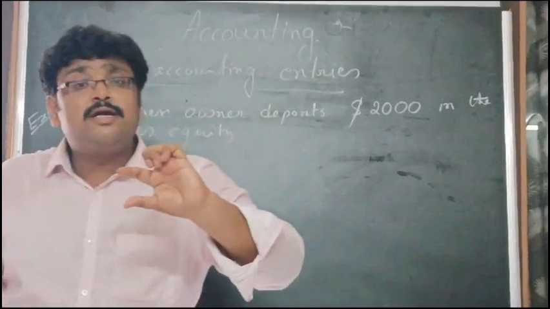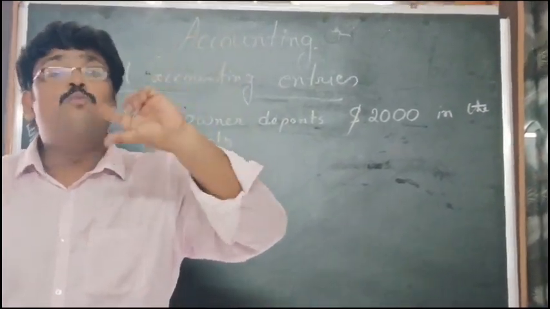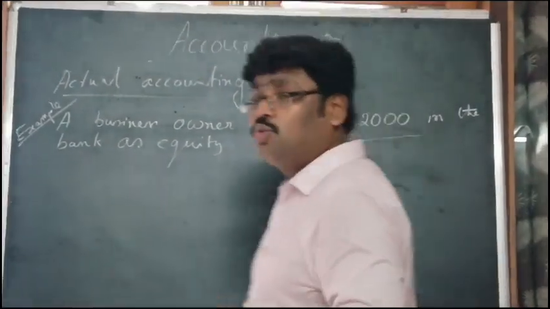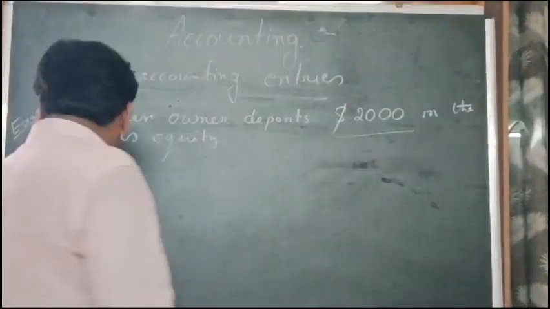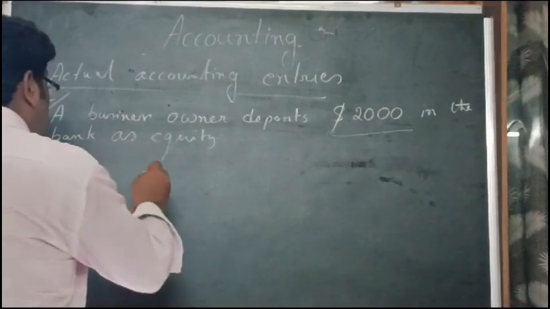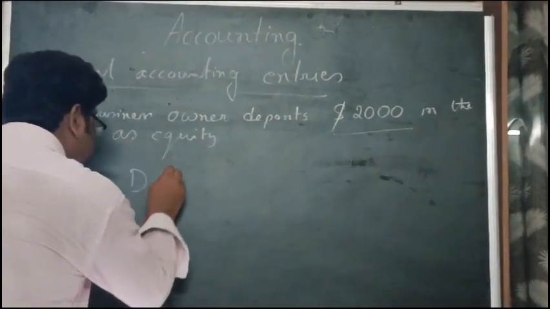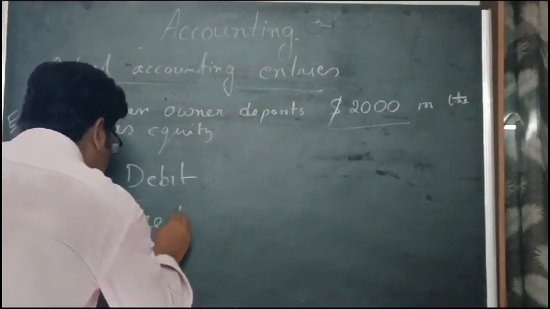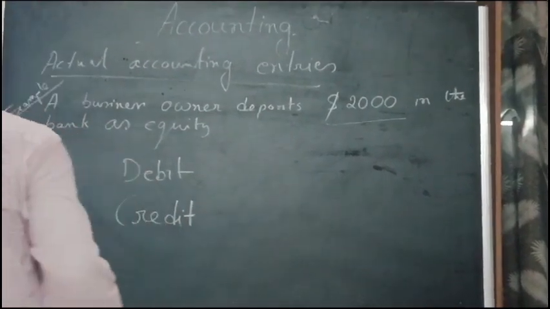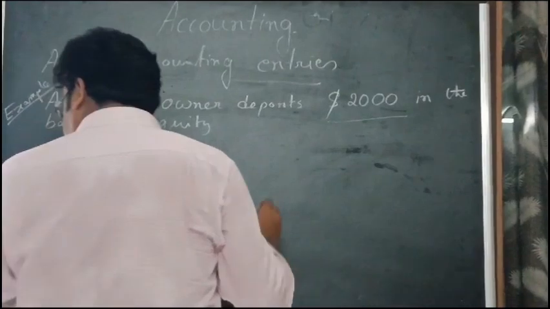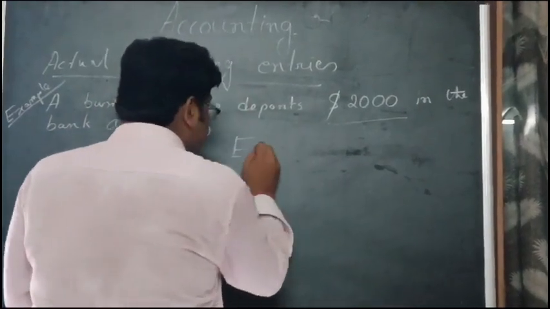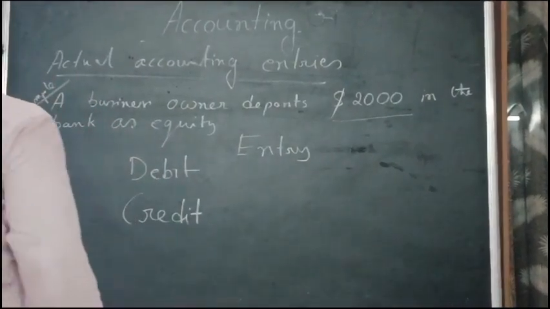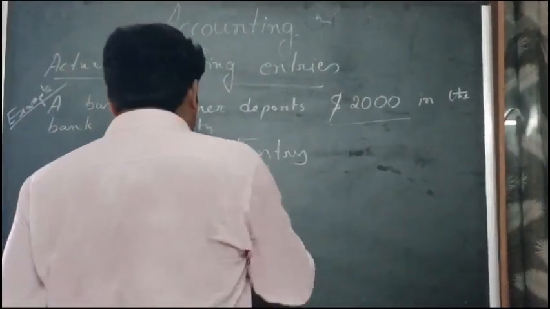So equity increases. How much amount? $2,000. So if I now write debit and credit, and I write the entry here, and look, here is the cash.